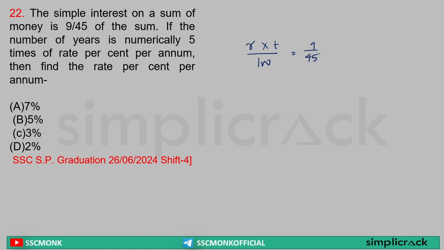This is what is given, because interest is 9 by 45 of the sum. Now it is saying the number of years is numerically 5 times the rate, that means T is equal to 5R. Yes or no? Yes.